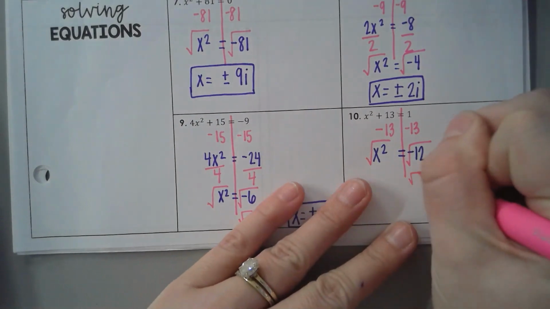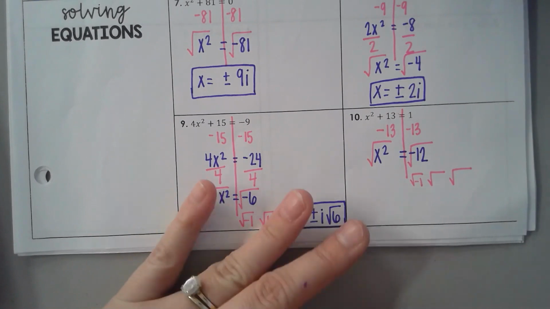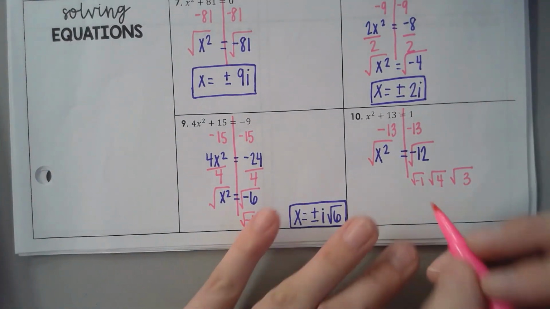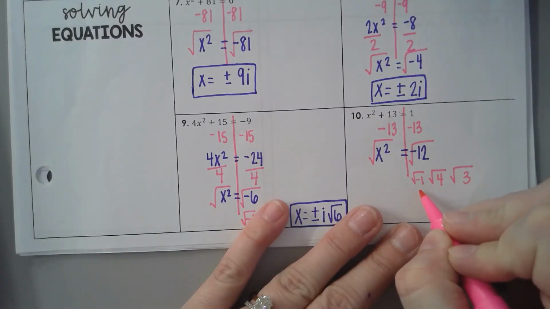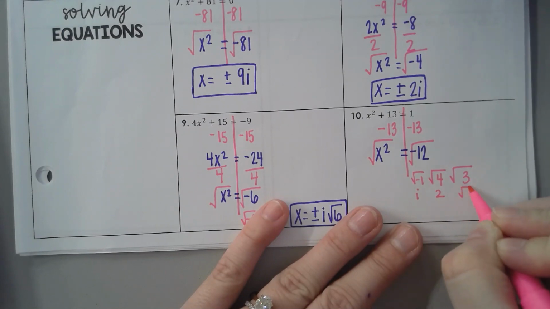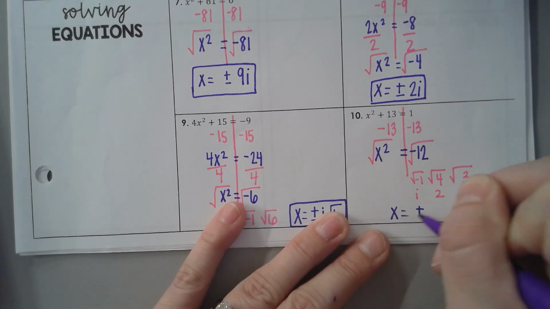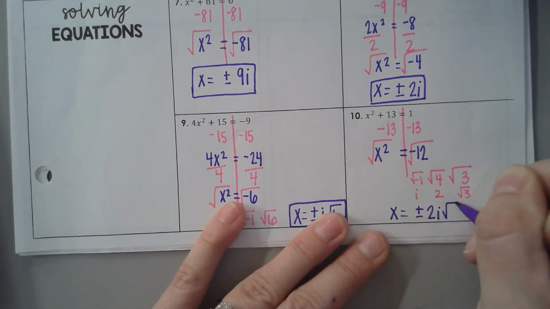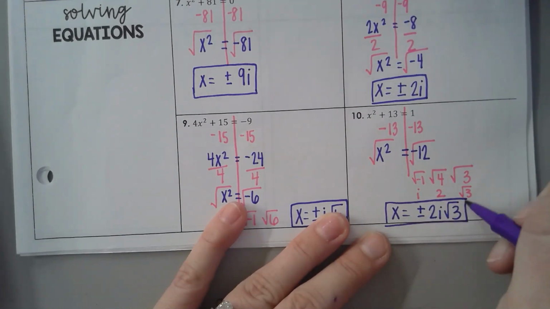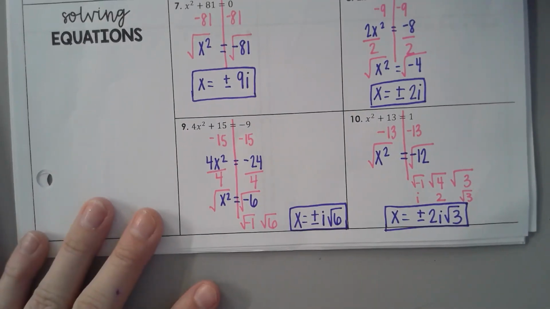So you definitely need to break this one up. What perfect square goes into 12? 4. 4 times 3. This is i. This is 2. Can't do anything with the square root of 3. Are there any questions?